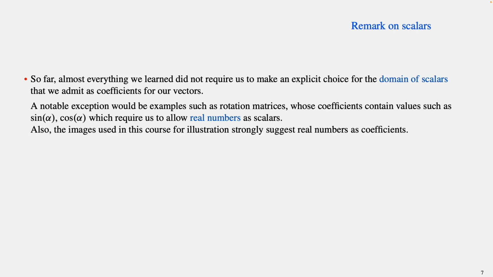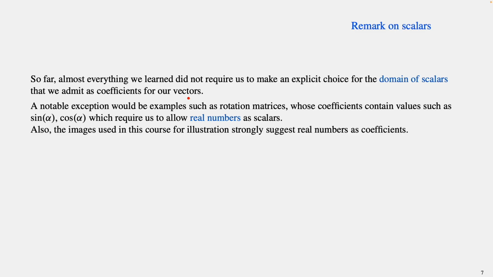And now I have to actually make a remark on the scalars we're using in our plane and for our vectors. Up until now, almost everything that I discussed here did not require us to make an explicit choice for the domain of the scalars that we admit as coefficients for our vectors or that we multiply our vectors by.